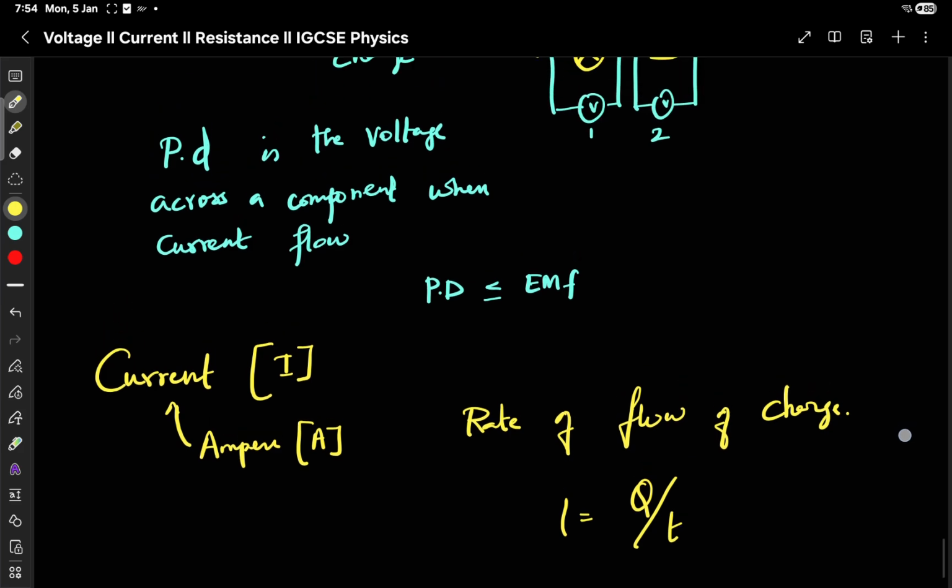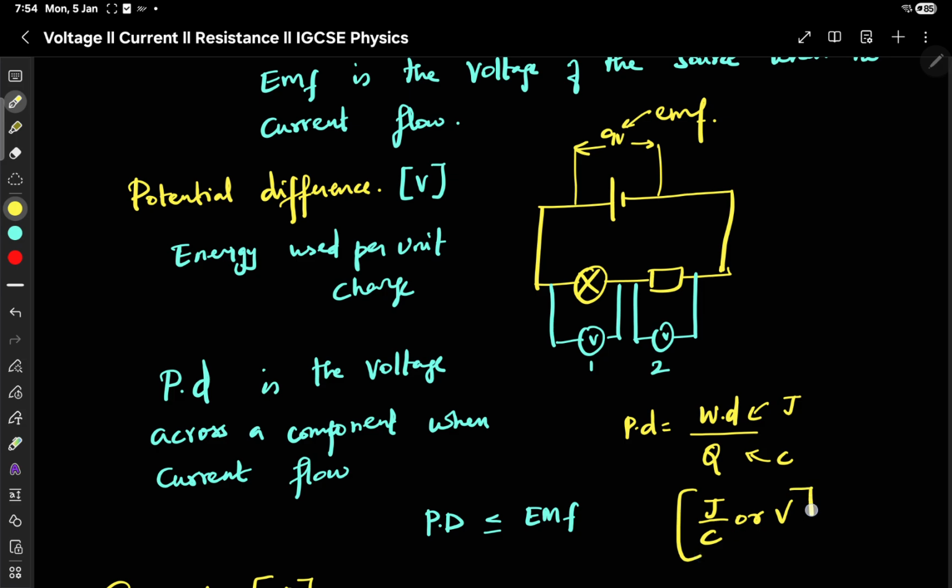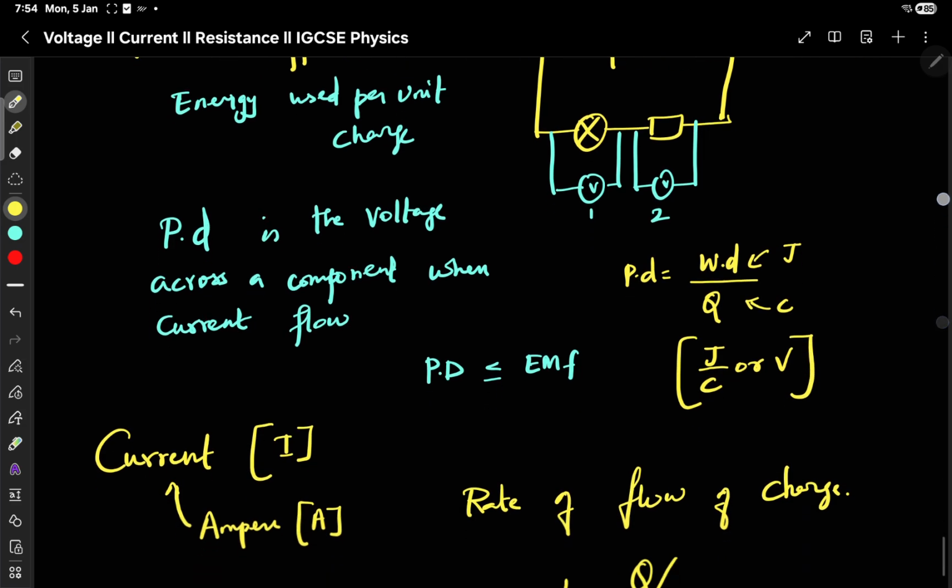And the formula for potential difference will be work done on charge. So the unit for this one will be joules per coulomb, or volts.